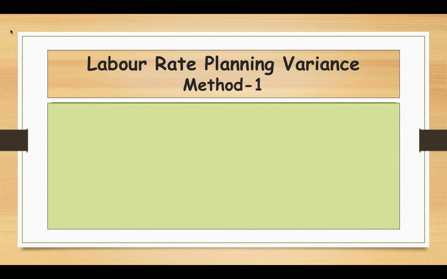So we are going to calculate the labor rate planning variance. There are two methods, so I'm going to do both methods and you can pick whichever method you like. This is method 1. Under method 1, we use the number of hours the employees have worked.